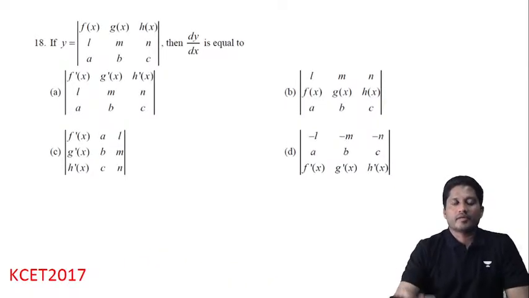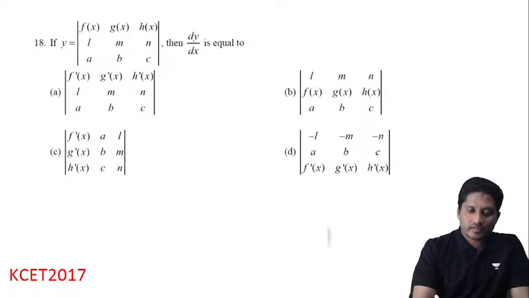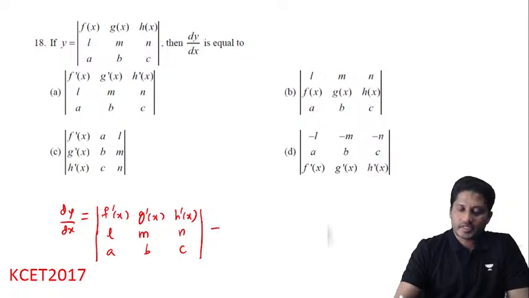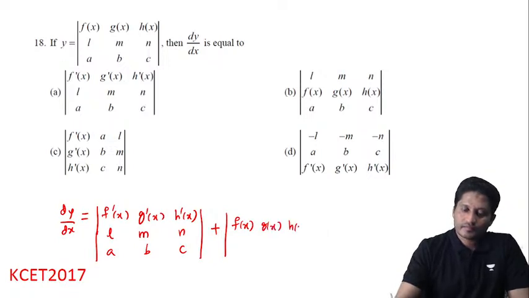What is dy by dx? That is differentiation of a determinant. dy by dx is equal to differentiating the first row: you get f dash of x, g dash of x, h dash of x, keeping the second row and third row as it is: l, m, n, then a, b, c. Plus a determinant where you differentiate the second row, keeping the first and third rows as they are: you get 0, 0, 0.